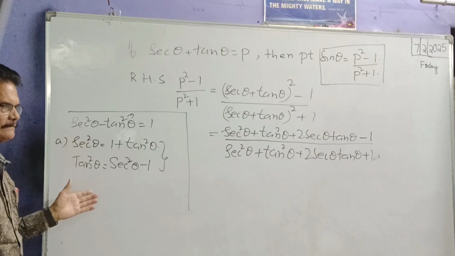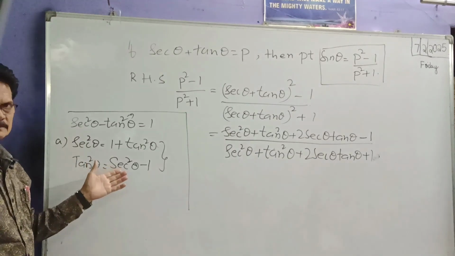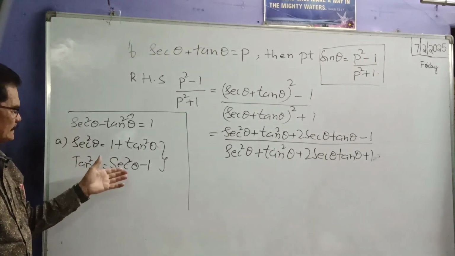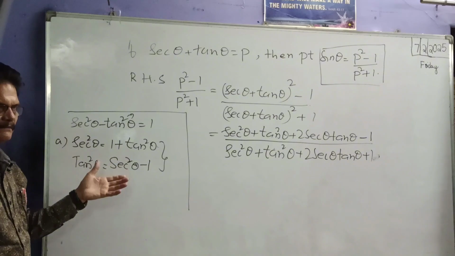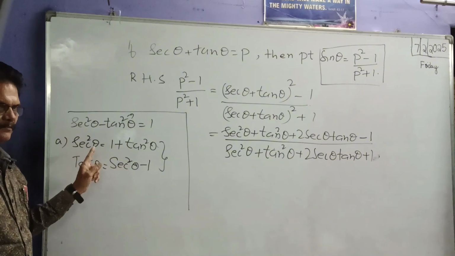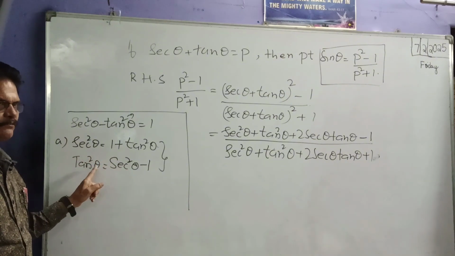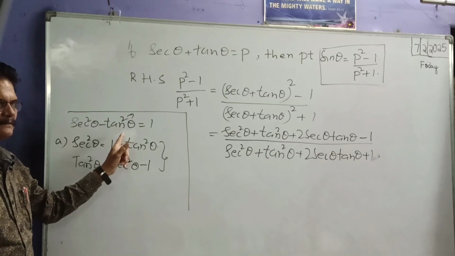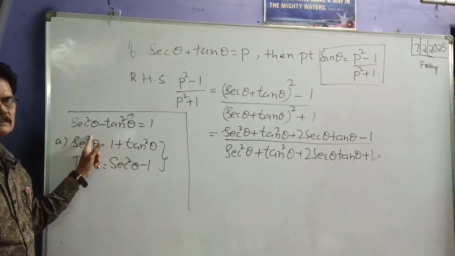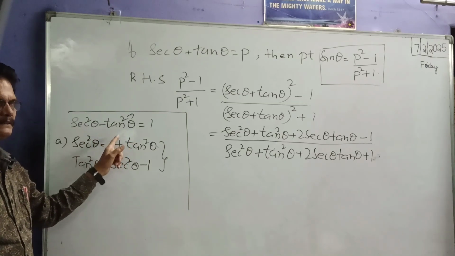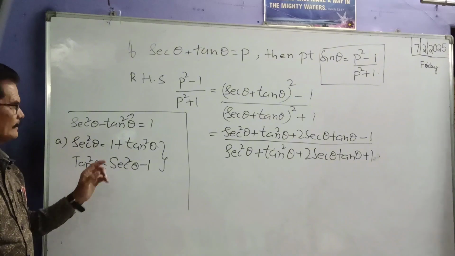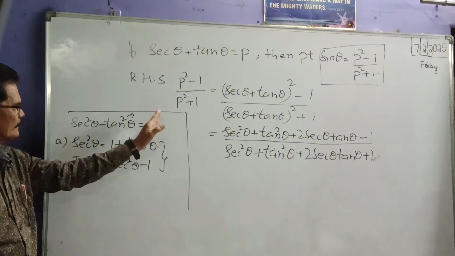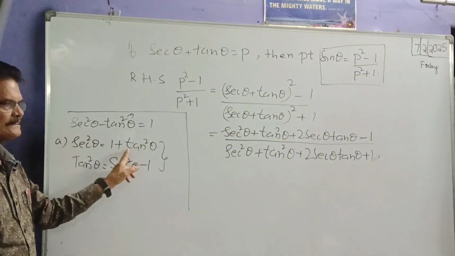Come, see once again. Here you may falter. How did I get these formulas? Concentrate please. From the identity. What is that identity? Sec square theta minus tan square theta is equal to 1. Now if I transpose tan square theta to that side, it becomes plus tan square theta.